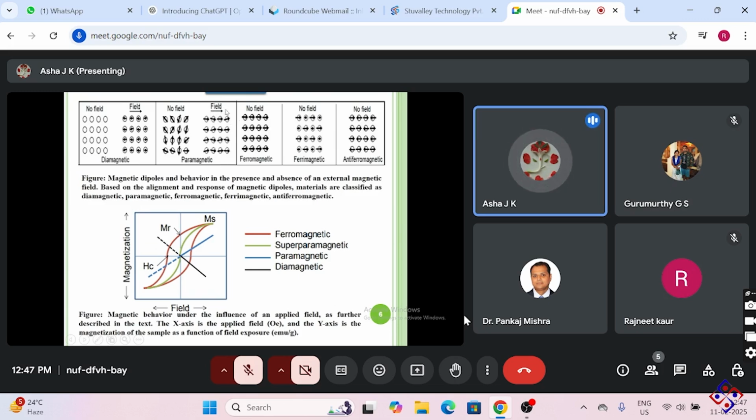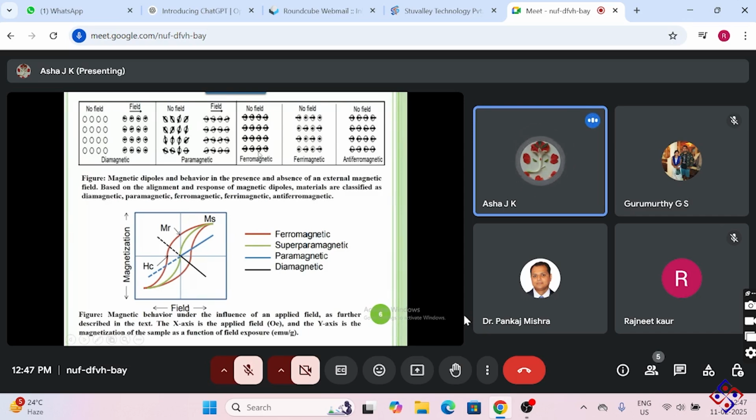So here the magnetic field direction is this one, and the dipoles are arranged in the same direction. After removal of the magnetic field, they soon return to the original state, that is, they again align in a random orientation.